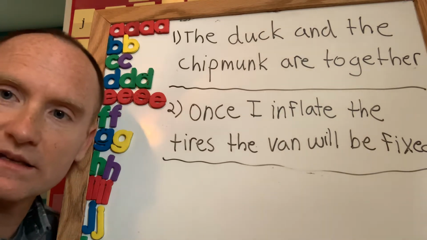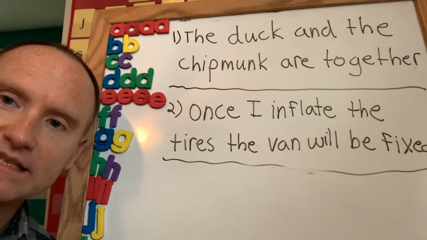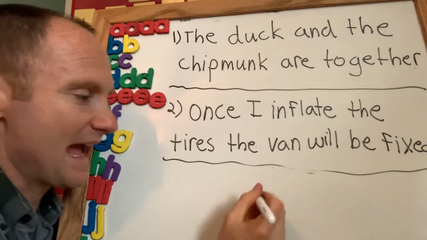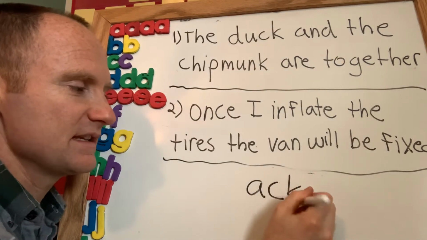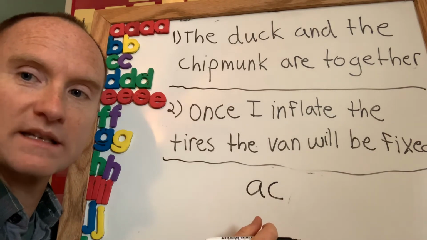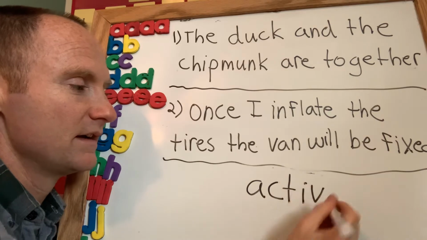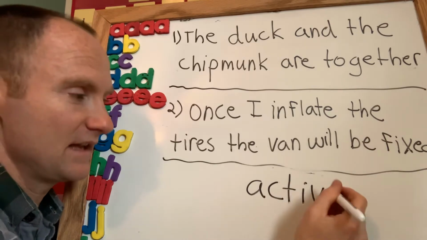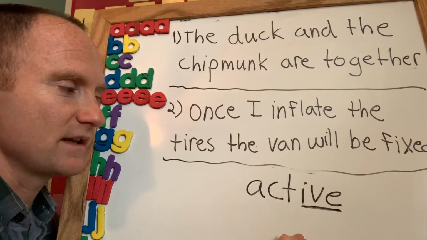Let's do one that's a two-syllable word. Active. Active. What's my first syllable? Ac. If you did this, that's okay, but it's just the C. Ac. What's my next part? Tiv. Iv. Did you hear that iv? Yeah, we need that E there because you got that vowel consonant E exception there, okay?